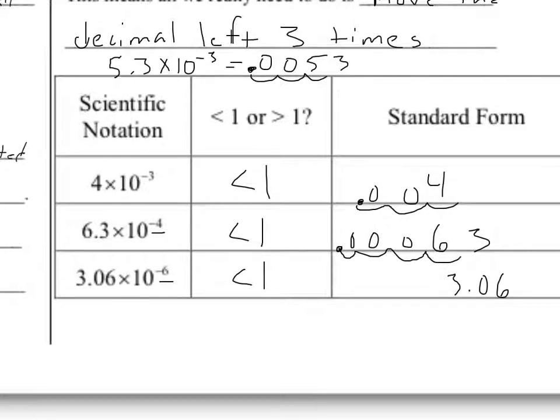So those are representations of all those multiplications of 1/10. Move the decimal to the left 1, 2, 3, 4, 5, 6 times. Fill in your place values. And you get 0.000. Go ahead and erase that original decimal. 0.0000306. Okay?